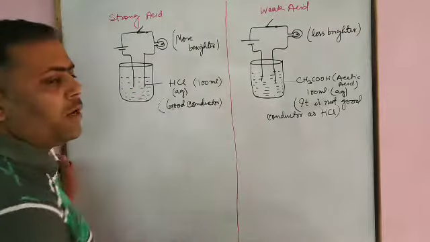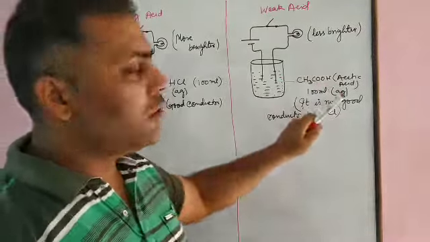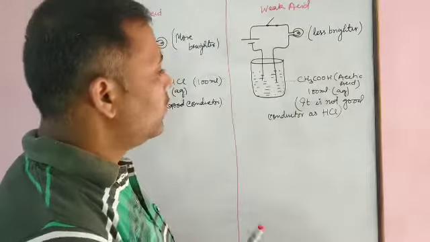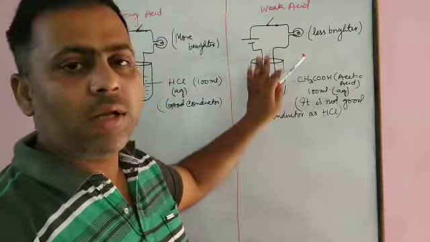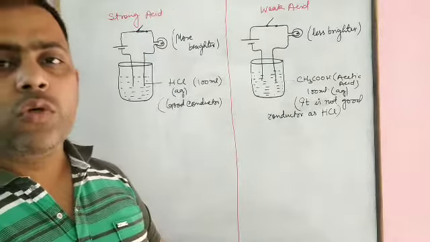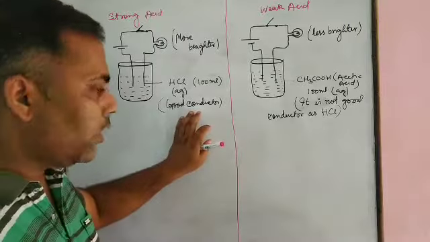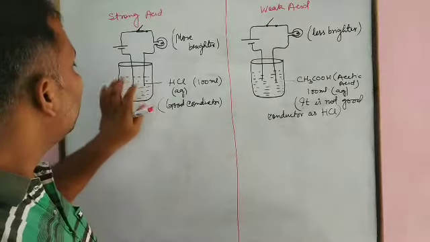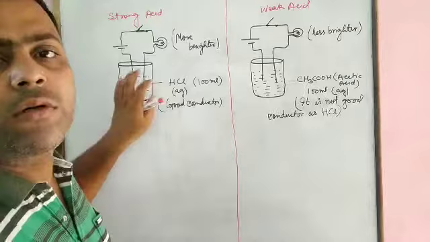When we compare, this solution is not as good a conductor in comparison to HCl, but it is a conductor. Why is this so? Because this is a good conductor, this implies that it has a higher amount of ions.